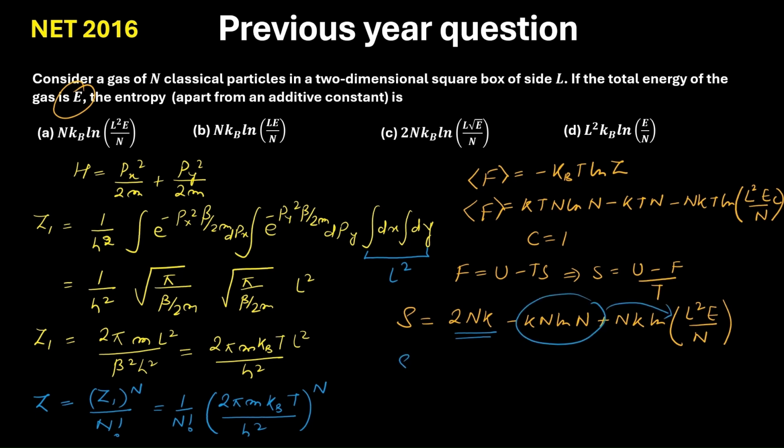If you absorb that, you'll get 2nk plus 2nk log of L by n root E. So this is the answer they are asking for. So it matches with option C.